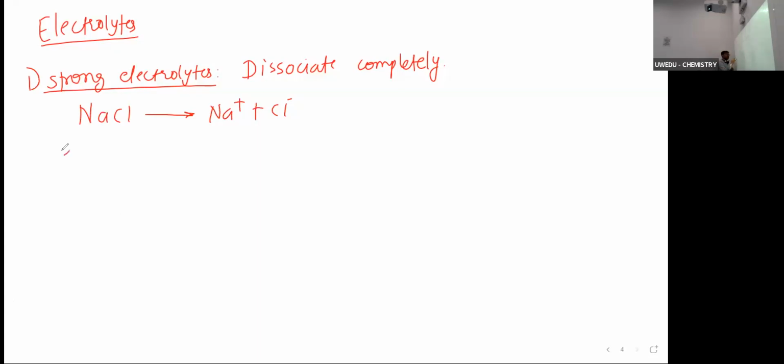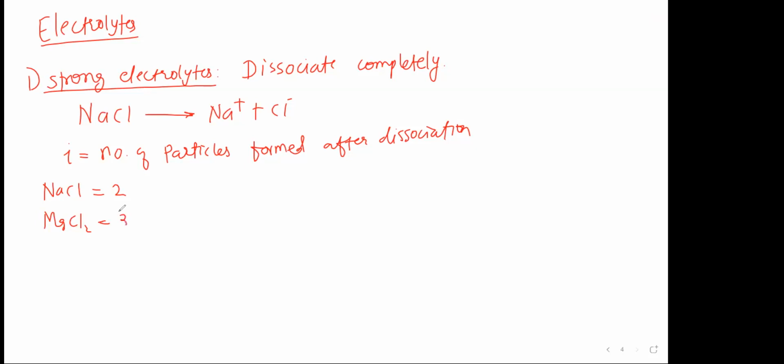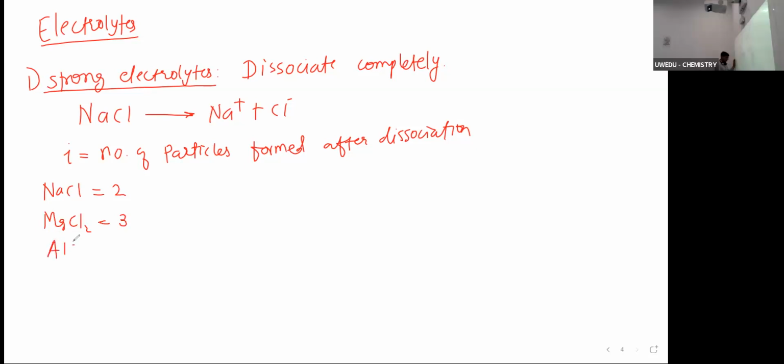So here i value is the number of particles formed after dissociation. Tell me for NaCl what will be the value of i? 2. For MgCl2, 3. AlCl3, 4.